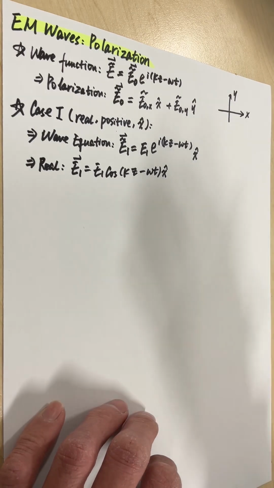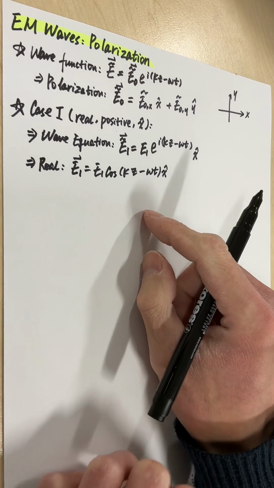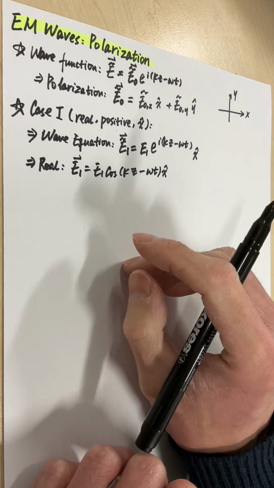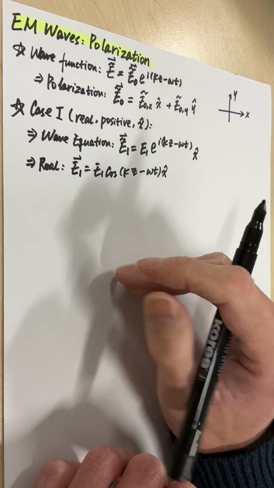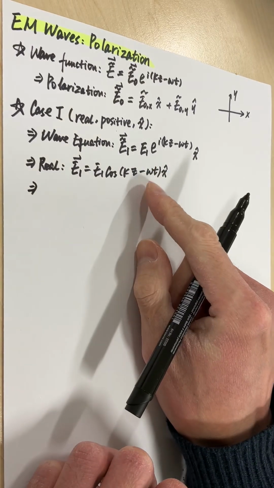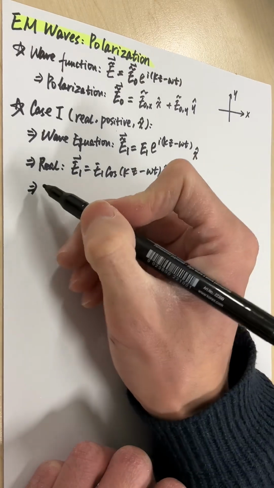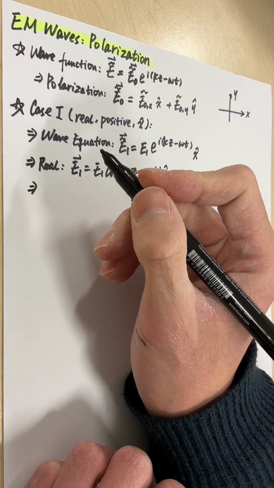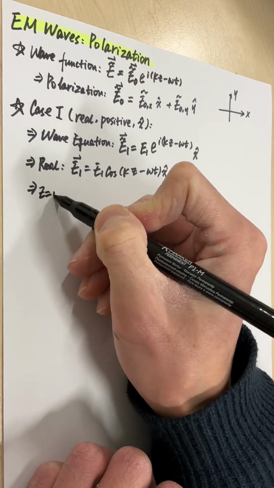Now, if you look at past exam questions, you'll see they often give you a wave function and ask you to describe the temporal dependence of the polarization. So how do we observe the time domain property of this? We can observe it at any point, any location, any z. So we just set z equal to 0.